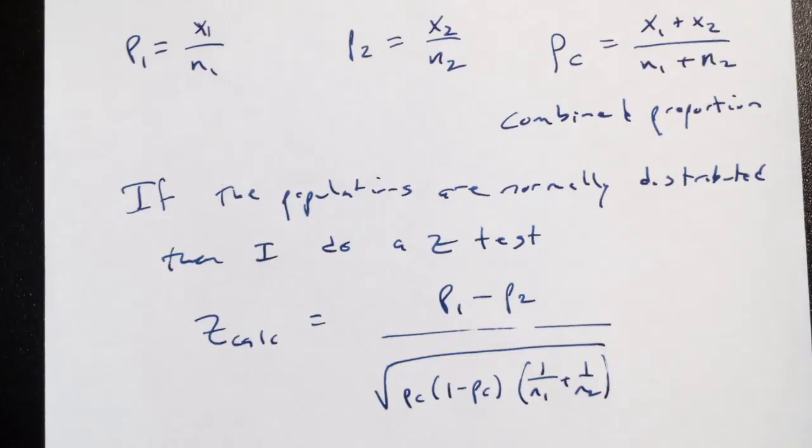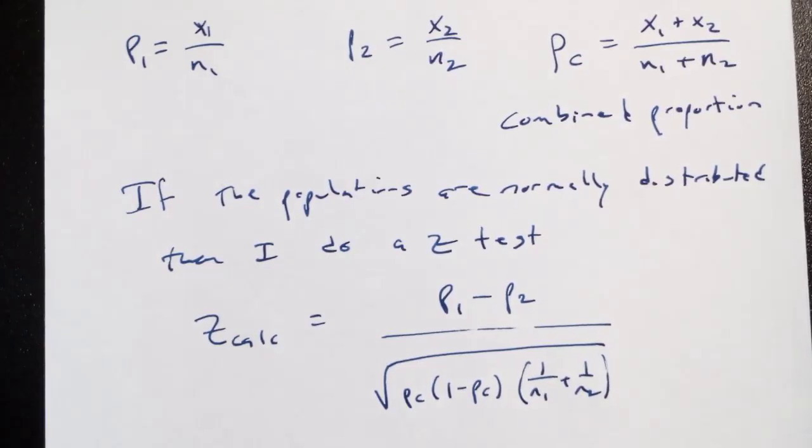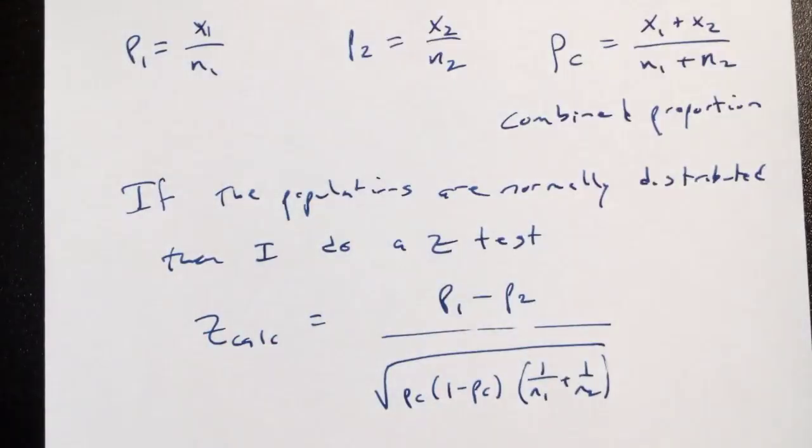Proportion times 1 minus the proportion, and then 1 over the populations. This makes the assumption that my populations were roughly equal, that the proportion difference, the expected difference between these is 0. That's what I said back here. The expected difference is 0. If I have an expected difference that's not 0, I should be subtracting it.